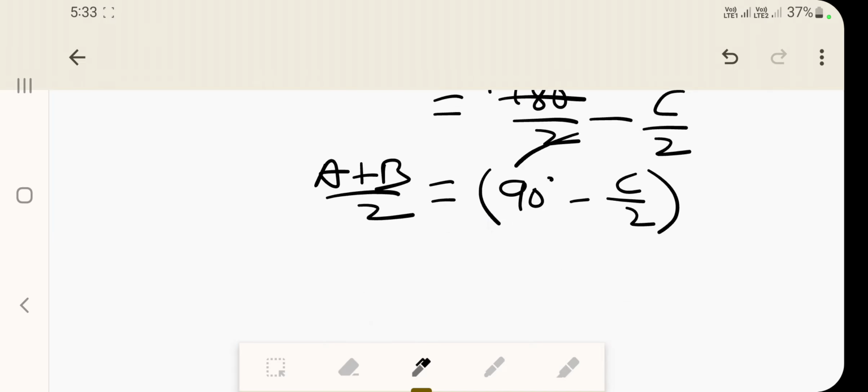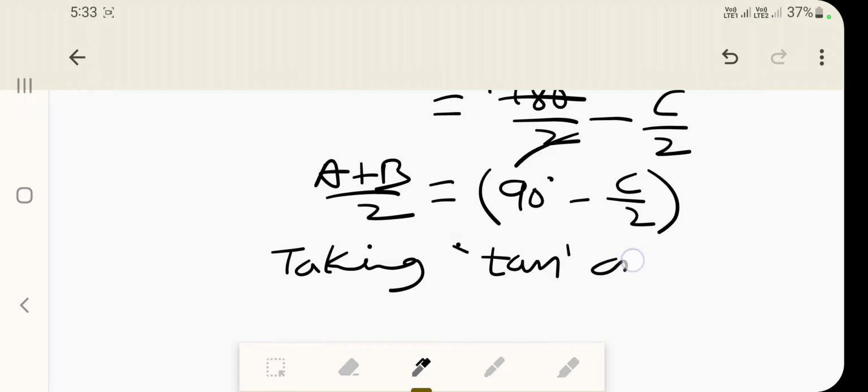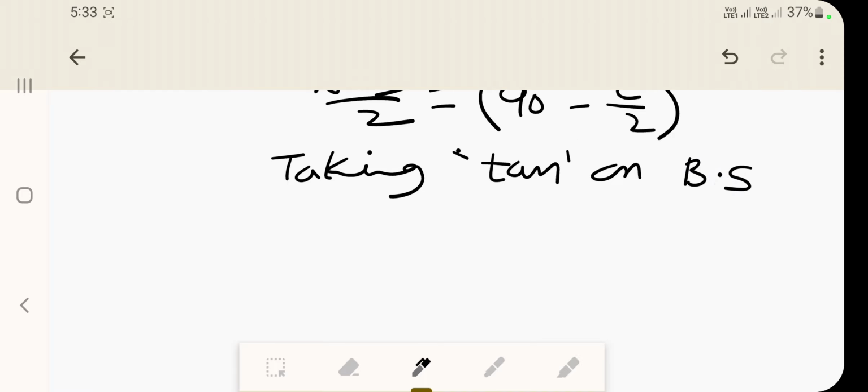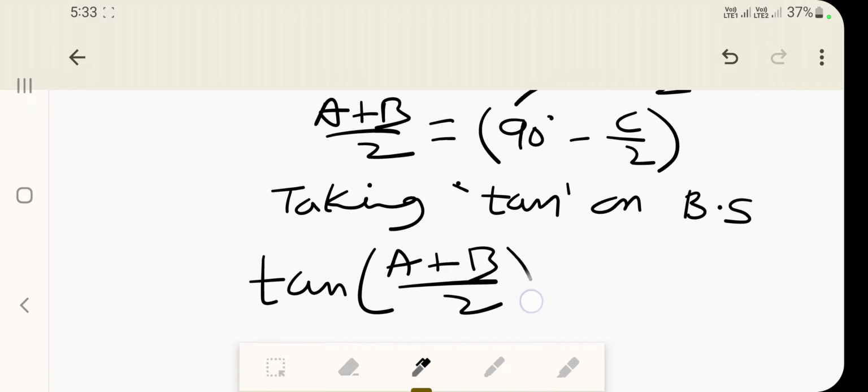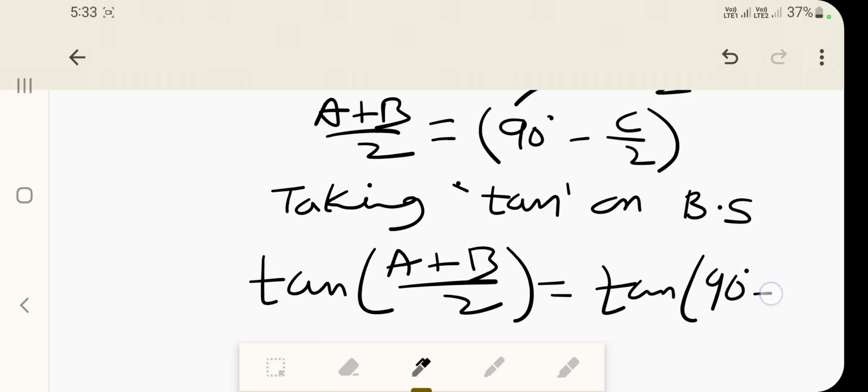Suppose you take tan on both sides. Taking tan on both sides, what we can write here is tan of (A plus B) by 2 is equal to tan of 90 minus C by 2.